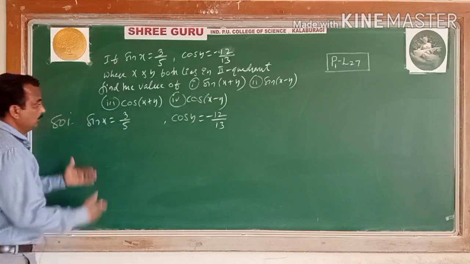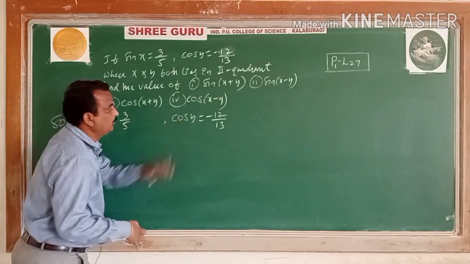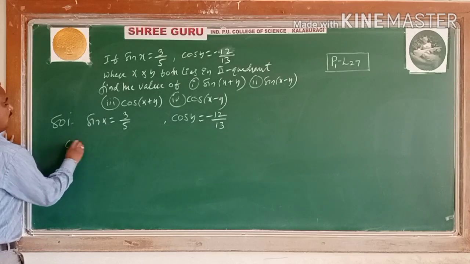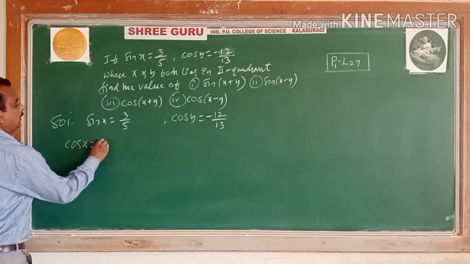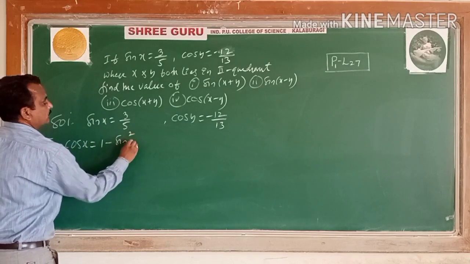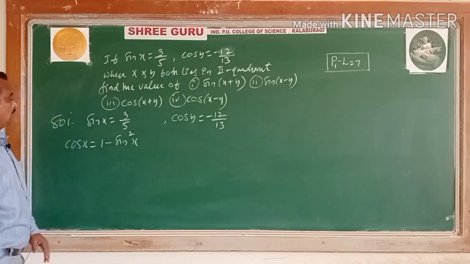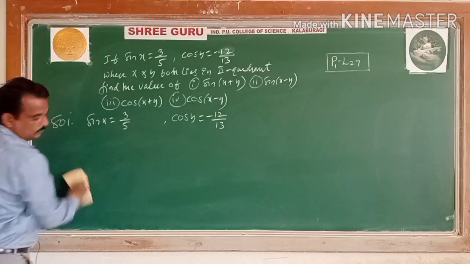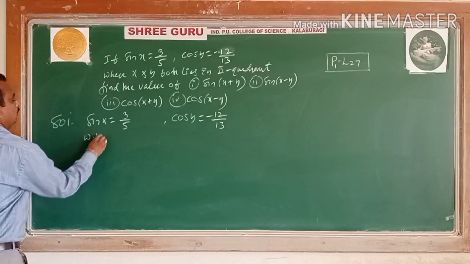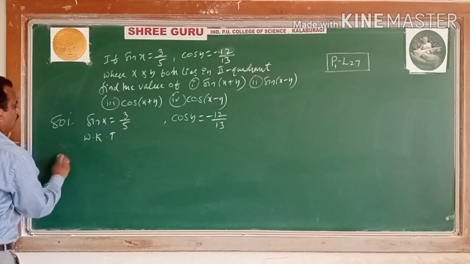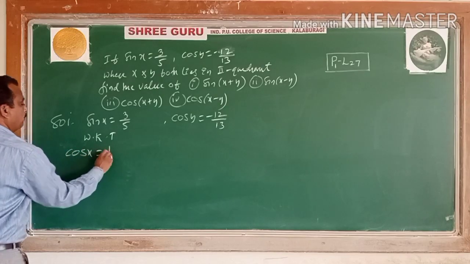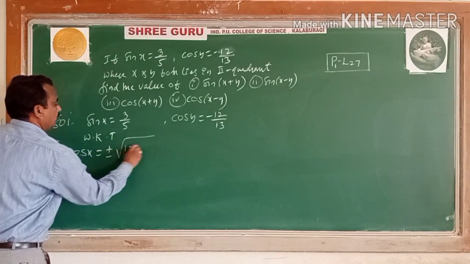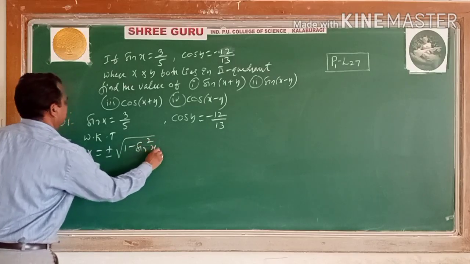Now you have to find cos x and sin y using these values. Cos x equals plus or minus the square root of 1 minus sin square x.